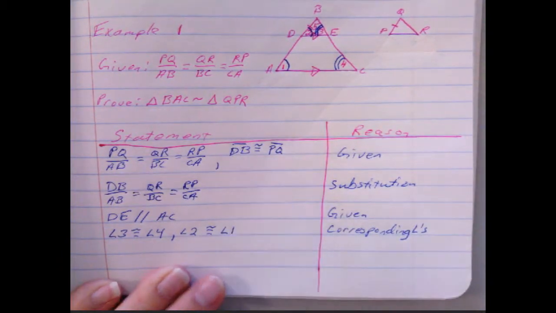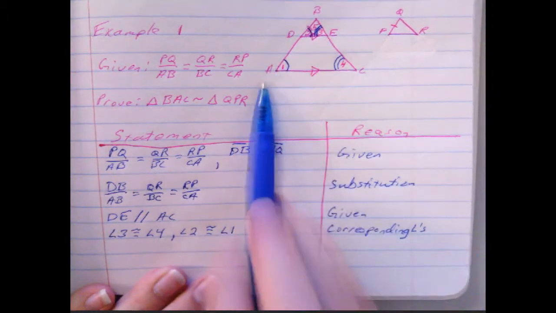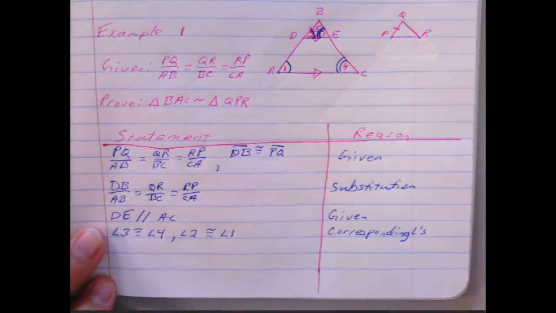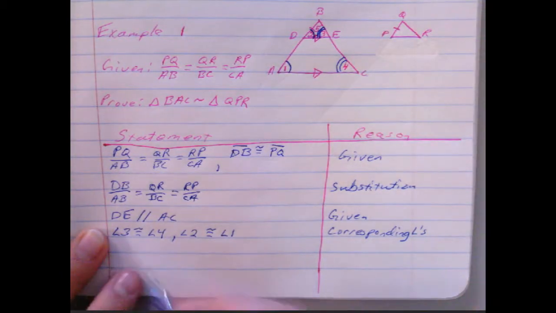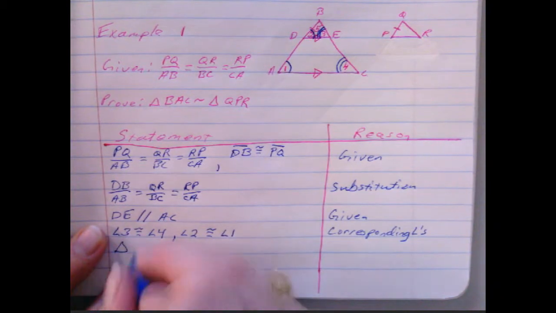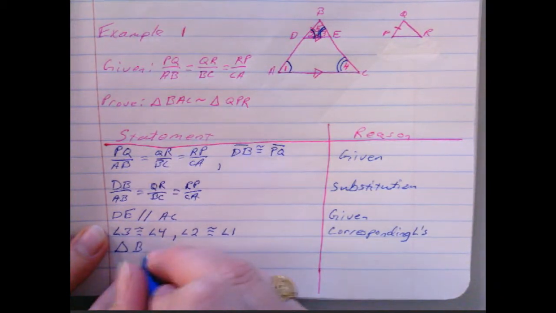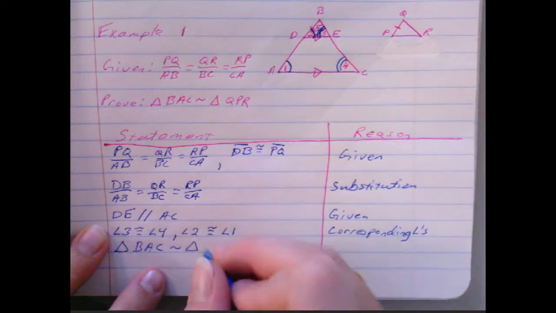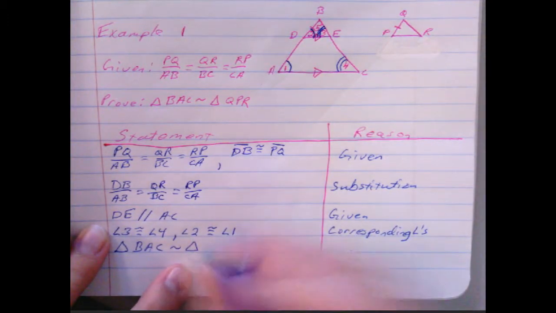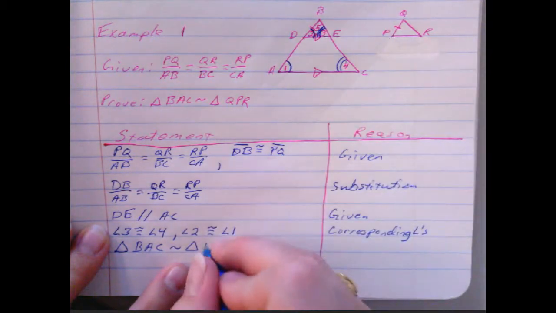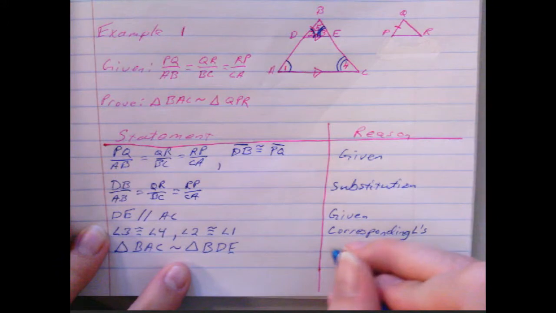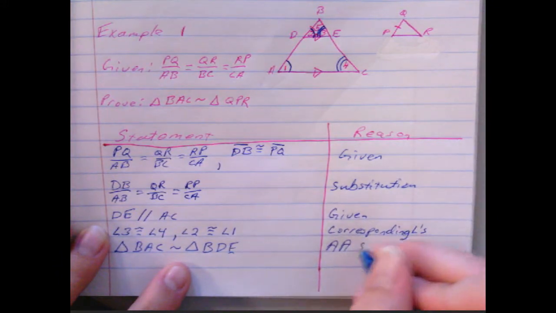Apologize, I was looking at the wrong piece. So we have 3 angles. So once we have that, we actually know that these two triangles are similar to each other. So we have triangle BAC is similar to triangle BDE, and that is angle similarity.